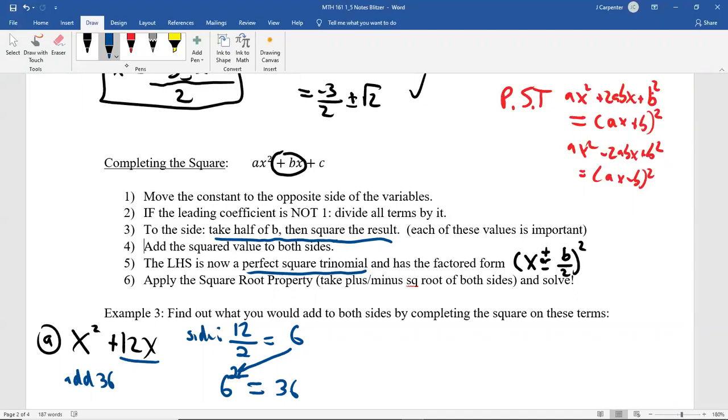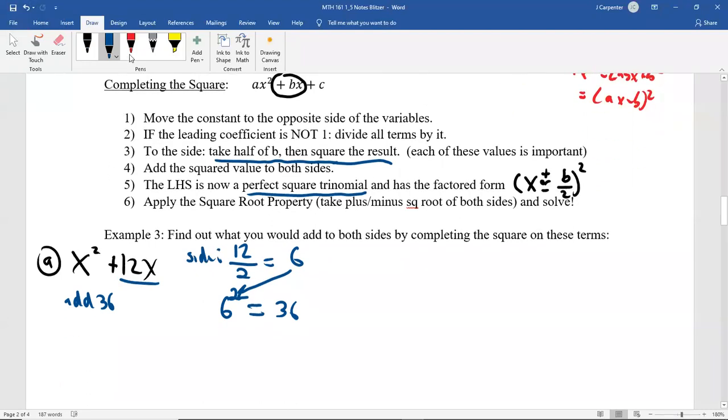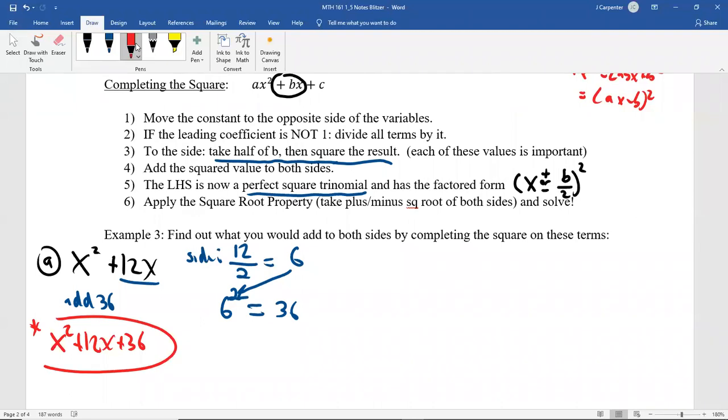If you added 36 to that, you would create a perfect square trinomial. What I'm saying here is x squared plus 12x, if you just put a plus 36 next to it, this is 100% of the time, after you do that addition, a perfect square trinomial that has a factored form that looks just like this.